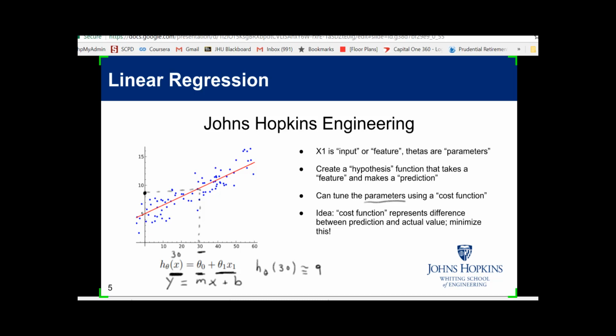Basically it's going to tell us how well this line generally represents this data. And if we can minimize that cost function, or you could also think of that as an error rate, by tweaking these parameters to give us better predictions, the lower that cost function is, the better our prediction is going to be. So that might not make fully concrete sense yet, but like I said, stop by the office hour. We're going to do a fully worked example, and I'll be happy to show you more then.